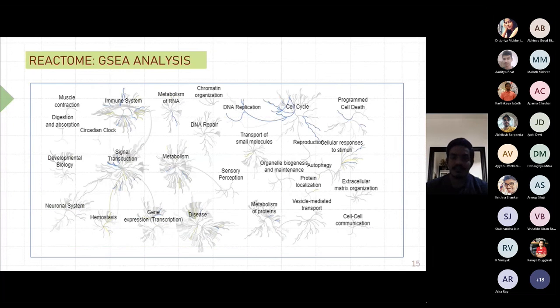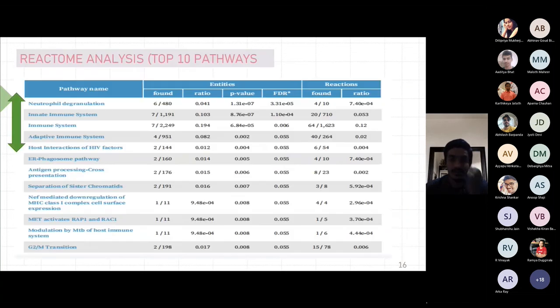Then the GSE analysis is being done, and it discloses several additional details with the changes that occur in the immune system and signaling transduction, metabolism, DNA replication, cell cycle. From Reactome analysis, I got these top 10 pathways, and the area covered by this green arrow, the proteins that come under this area, is matched with the literature that is already published on this topic.